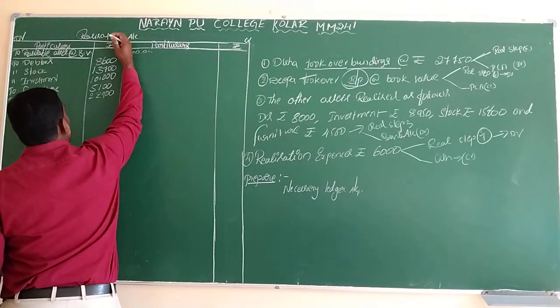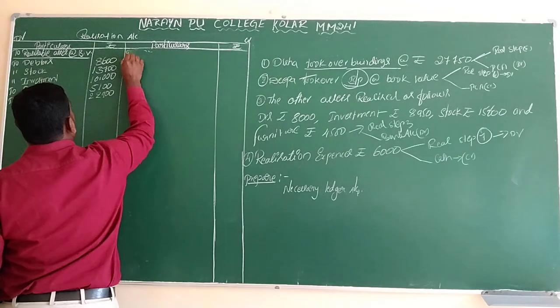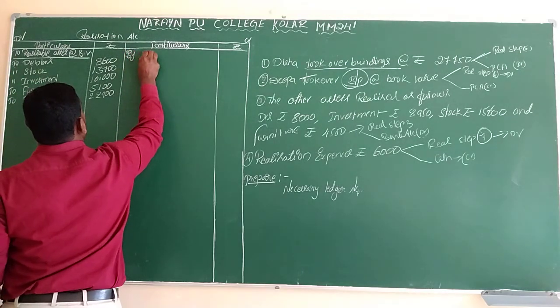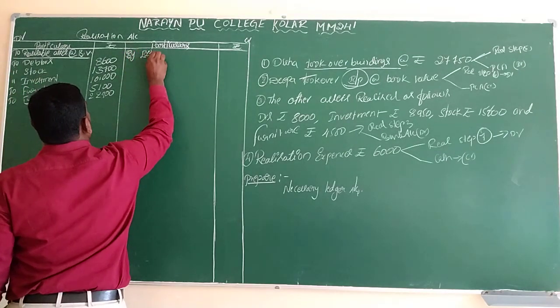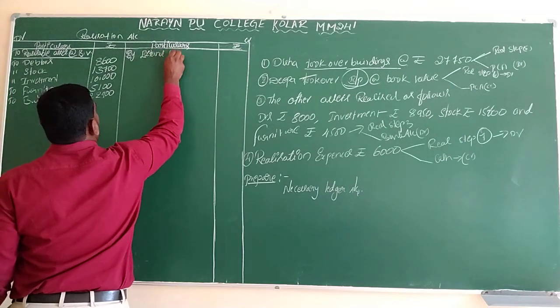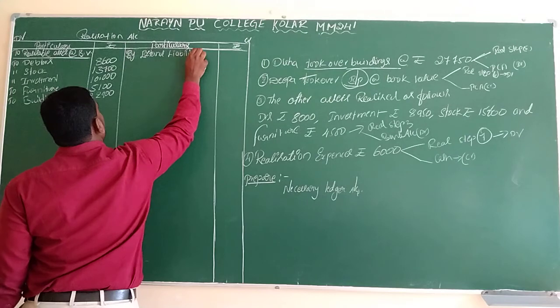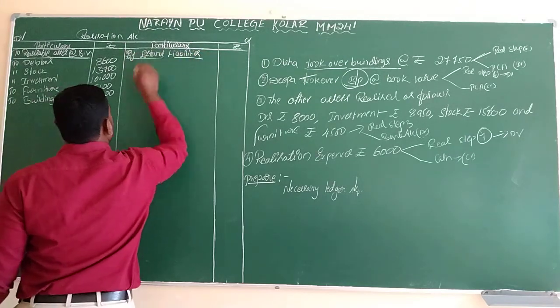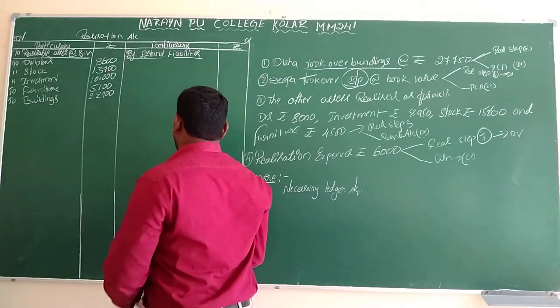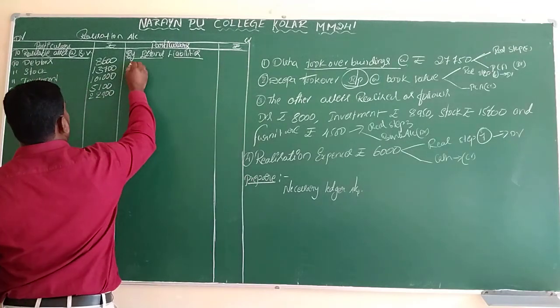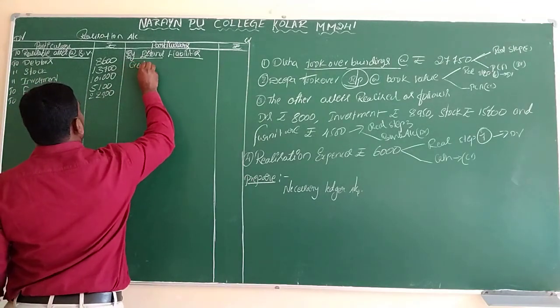Step 2. No need to write this step, directly we should move on to By external liabilities. So how many liabilities are there? 2 liabilities.